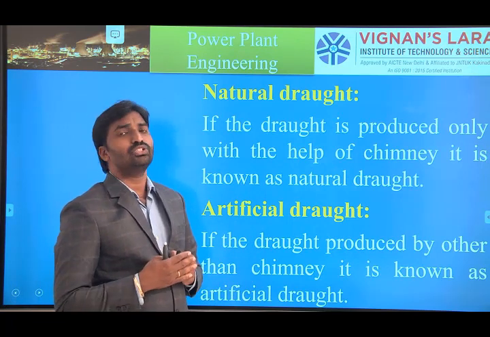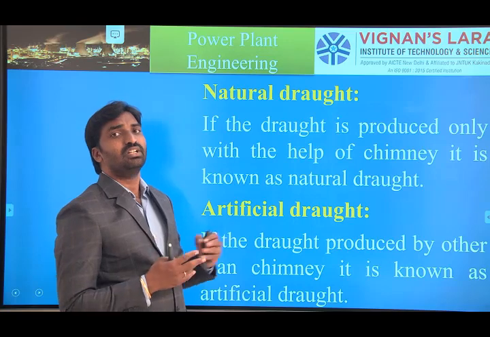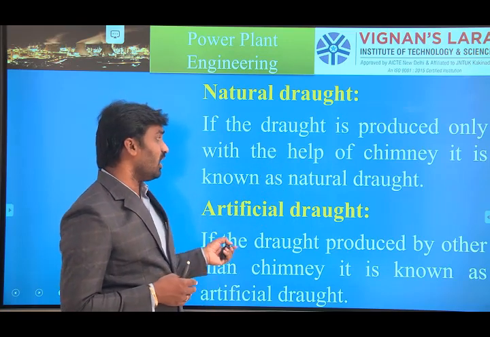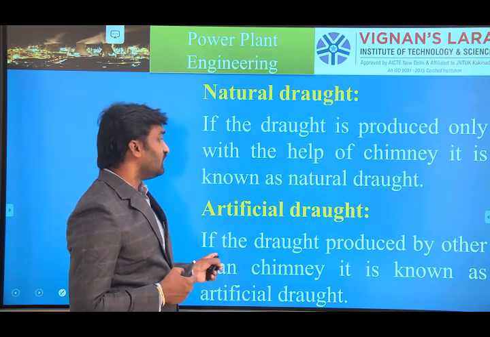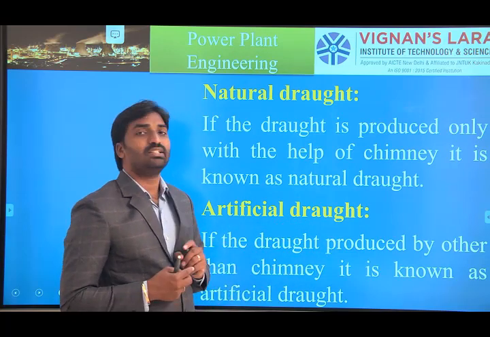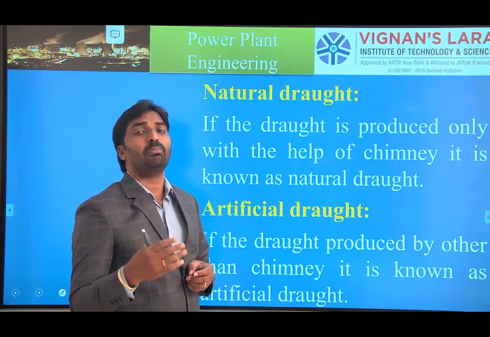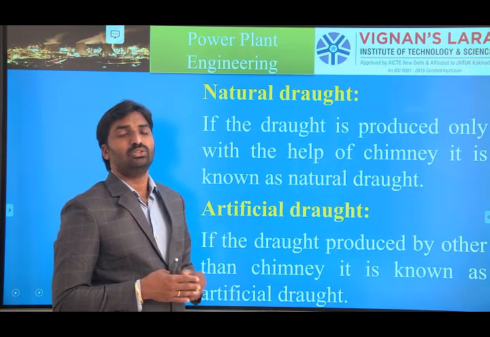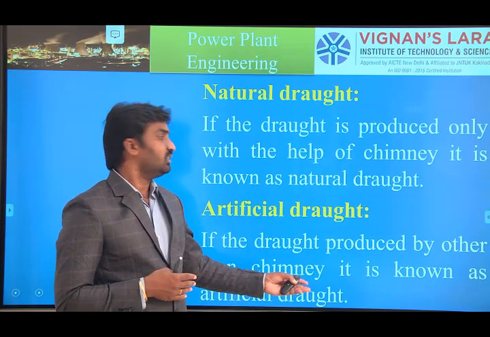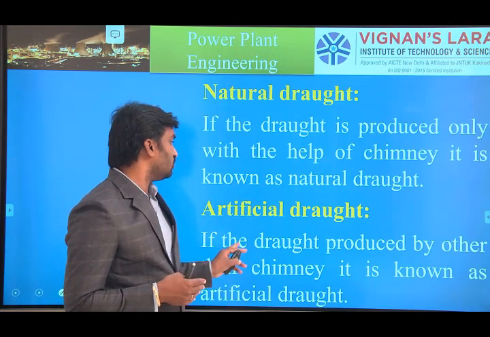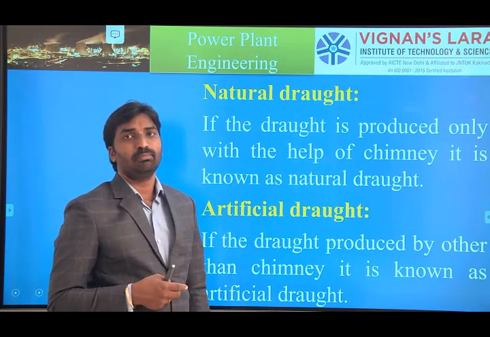So without any device except the chimney, it is known as the natural draft system. What is meant by artificial draft system? If the draft is produced by something other than the chimney, that means we are using some additional equipment, maybe fans or blowers, that mechanism is known as the artificial draft mechanism.